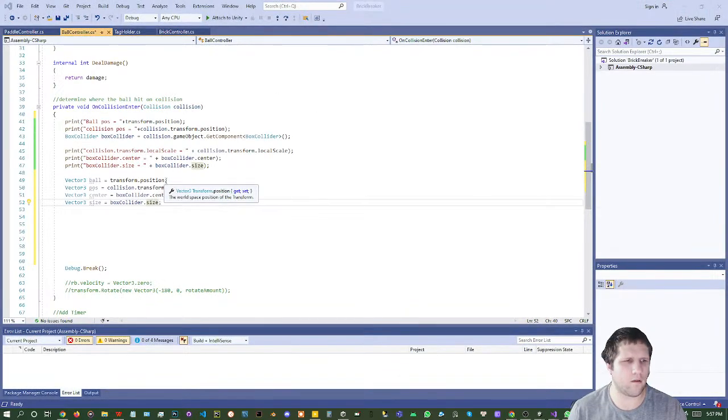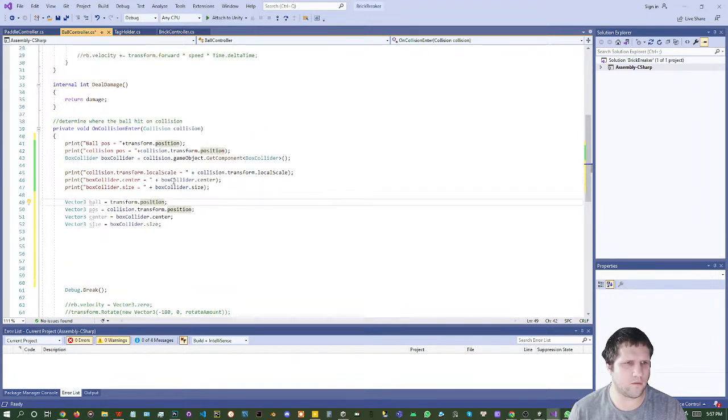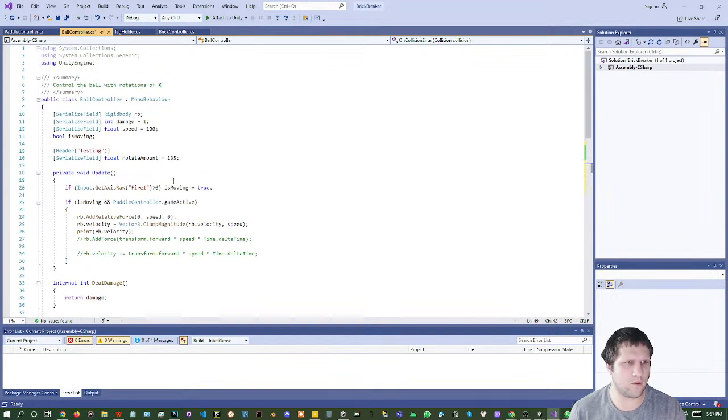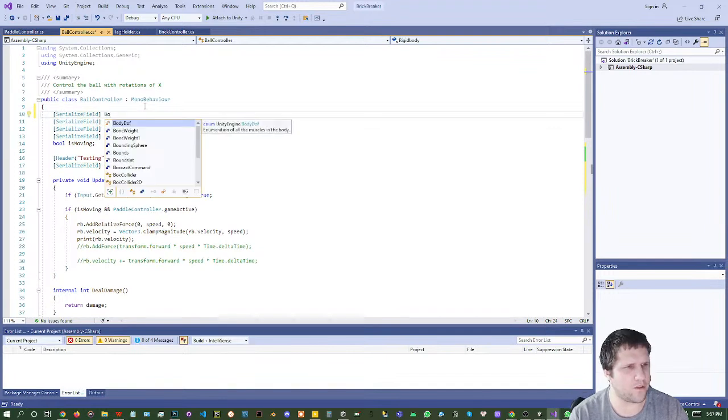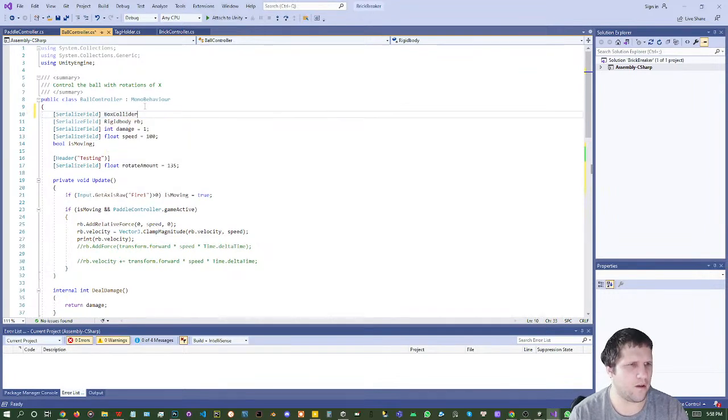Okay. Then let's also get the box collider of the ball. So serialized field box collider BC.